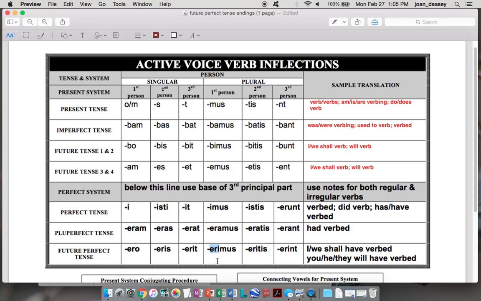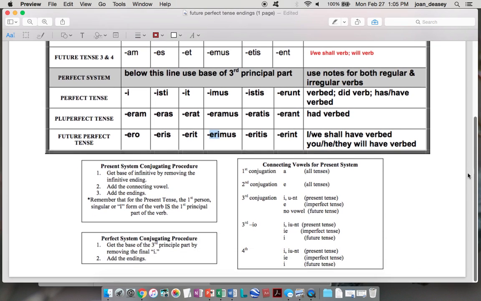Now, before you move forward, this is very important to listen to, and that is that tense of a verb is determined not solely by the ending, but also by the base that is used for forming those various tenses. So take a look at the boxes beneath the chart at the conjugating procedures for both the present and the perfect system.